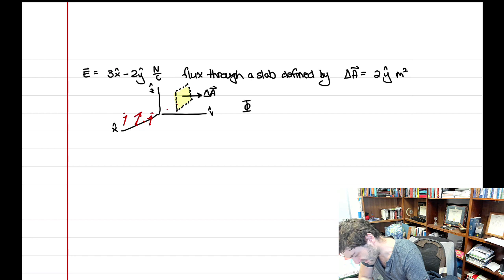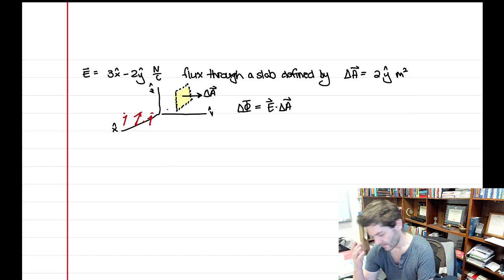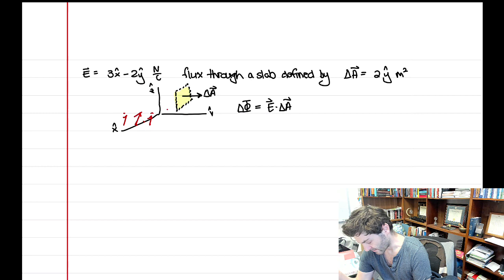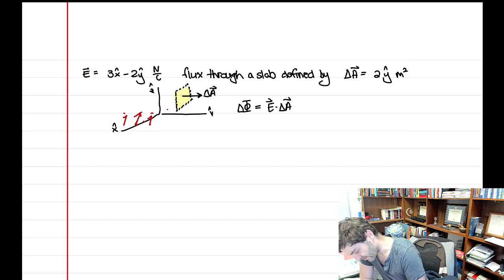So in this case, the flux through that slab is the electric field dotted with the slab. But since we have the components, let's just do the computational version of the dot product.